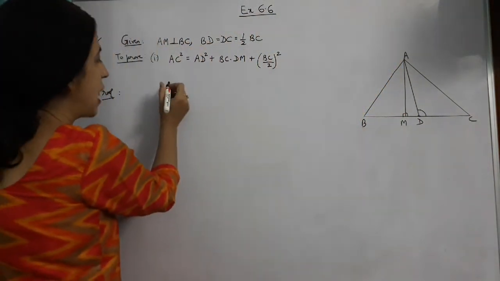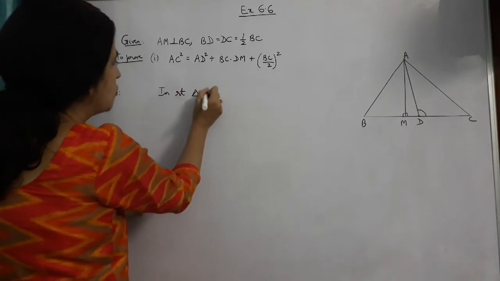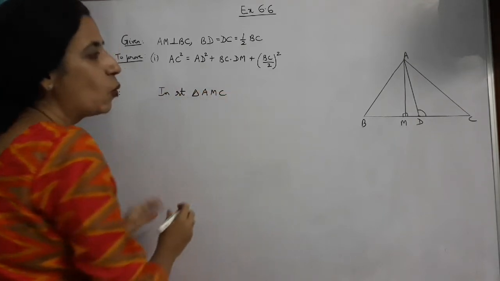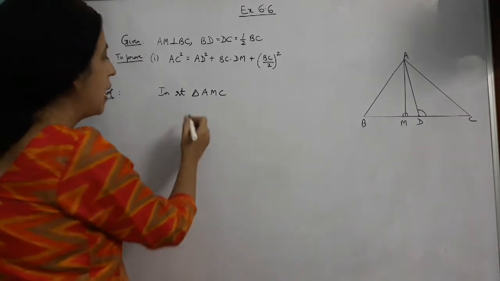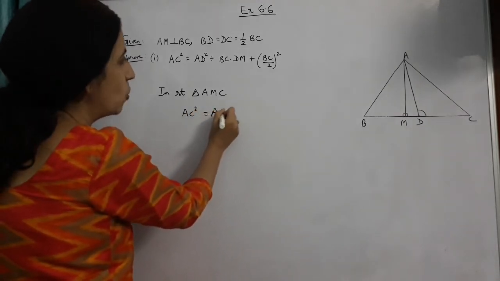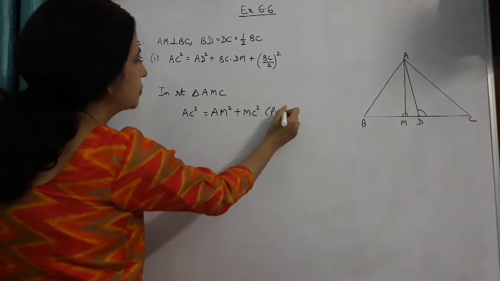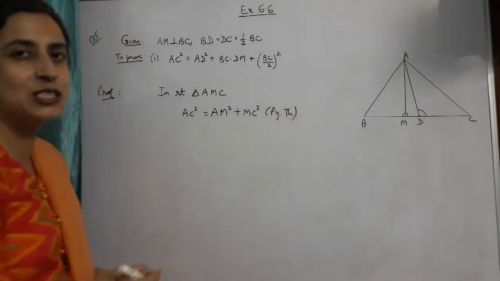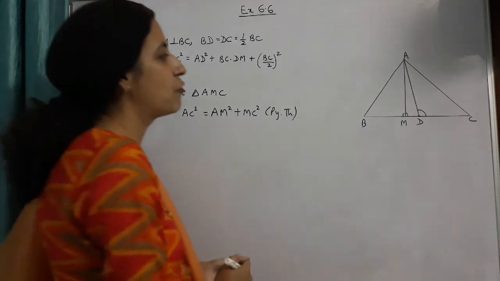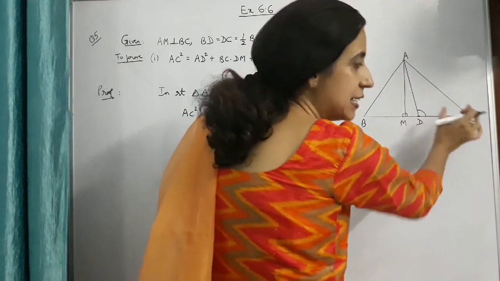So we take this right triangle AMC. In right triangle AMC we apply Pythagoras theorem and we obtain AC square is equal to AM square plus MC square by Pythagoras theorem. As you can see from the figure, MC can be written as MD plus DC.